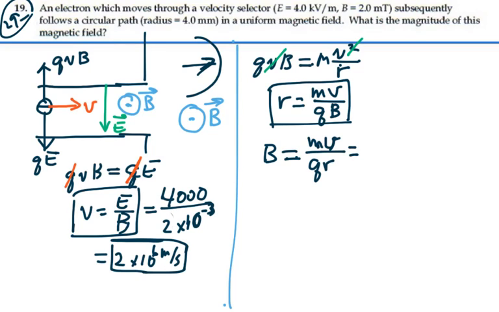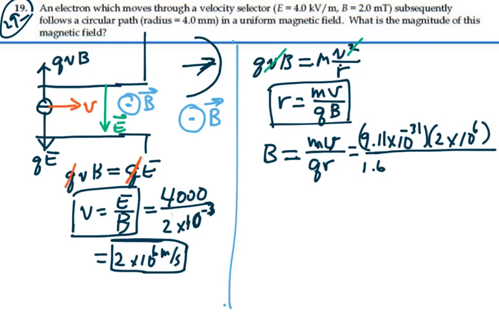In this case it's going to be the mass of the electron, 9.11 times 10 to the minus 31, times the velocity, 2 times 10 to the 6 out of the velocity selector, over the charge of the electron, 1.6 times 10 to the minus 19. Even though it's negative, we just want to find the magnitude of this magnetic field. And the radius of the orbit is 4 millimeters, 4 times 10 to the minus 3.